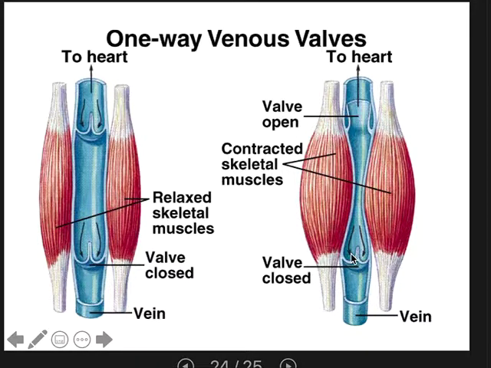It's a one-way valve. It can only let things flow up in one direction. So this is closed and preventing blood from going backwards, and this valve opens and only lets the blood flow up. Okay, so this is how our one-way valves work for our veins. Same exact setup for the lymphatic system, which you'll see when we get to our immunity chapter.